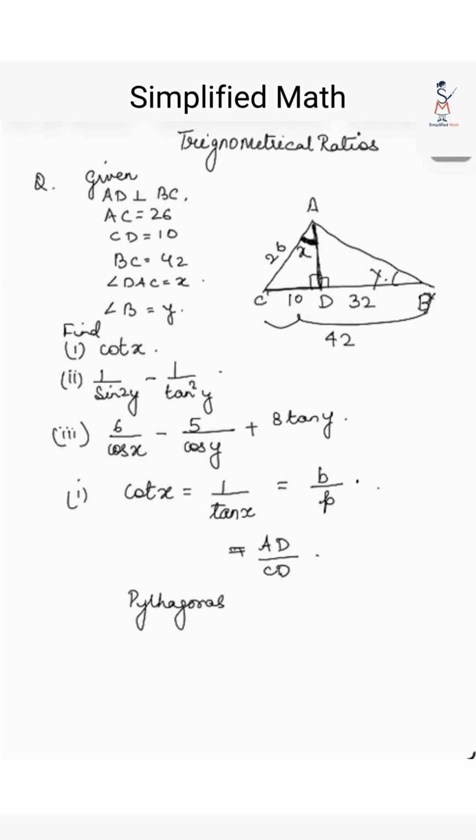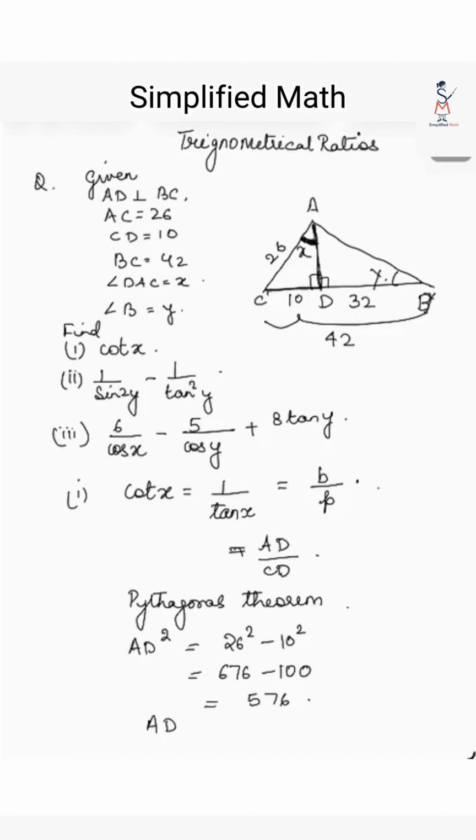Pythagoras theorem and get AD. That is AD square is equal to 26 square minus 10 square. That is 676 minus 100, 576.